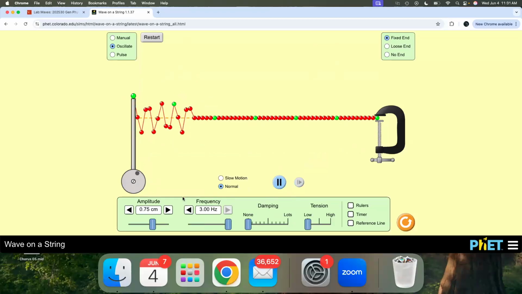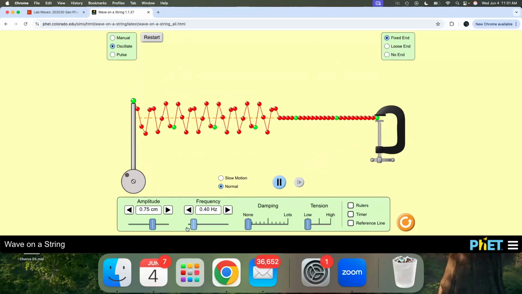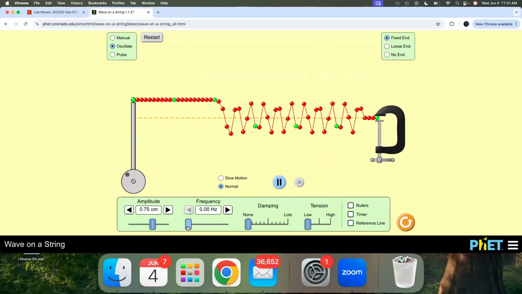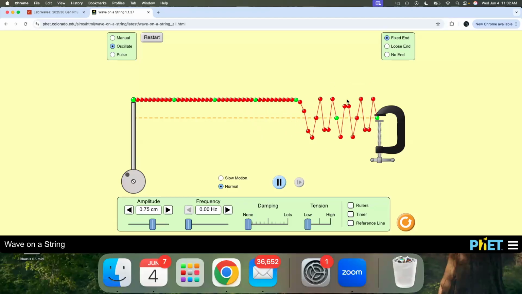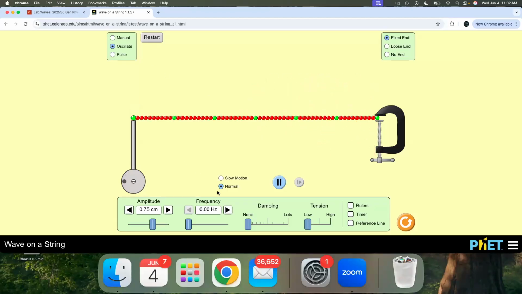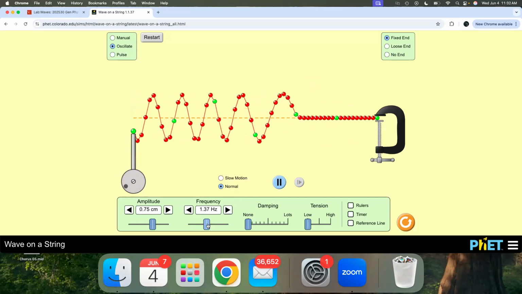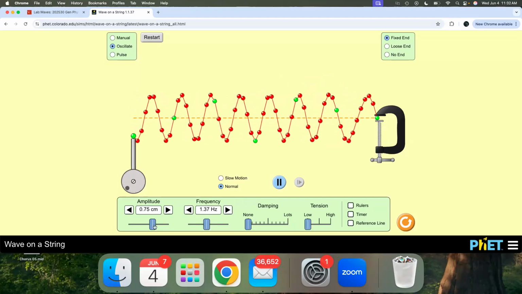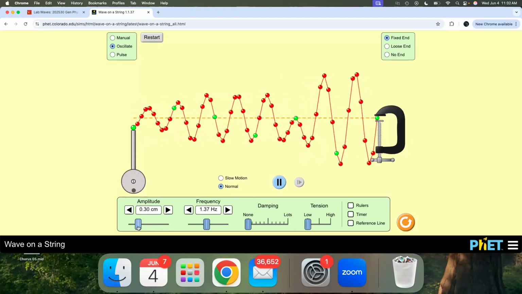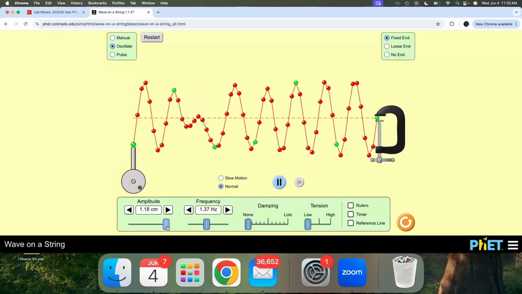Let me restart it. Oh, whoa, that's way too fast. So you got to kind of get in here, play around, try to produce normal modes.